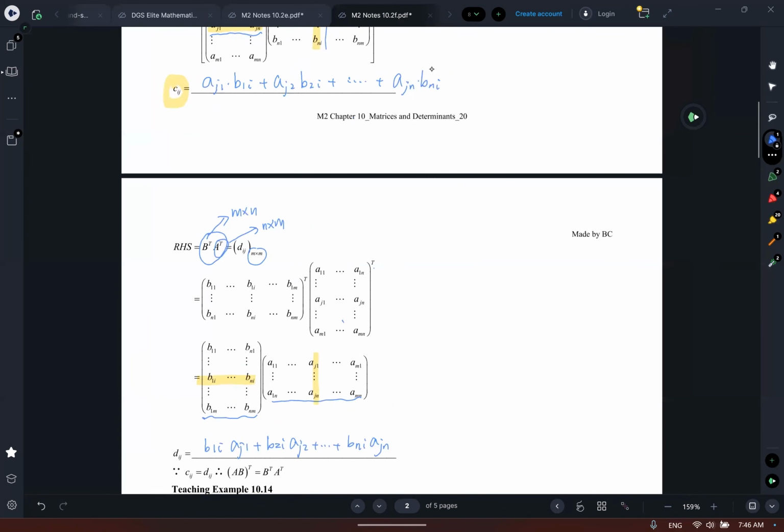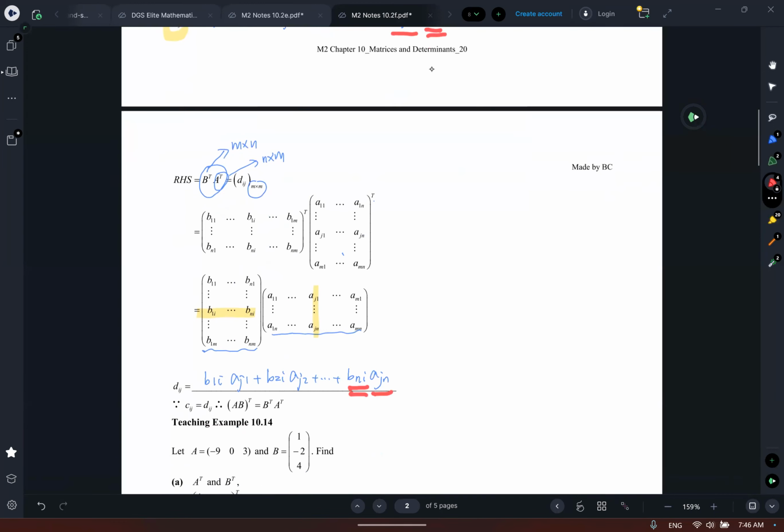Although they're not written in the same order because you can see they swapped, they are the same value. So we know that Cij equals Dij. Therefore, the left-hand side and right-hand side are equal.